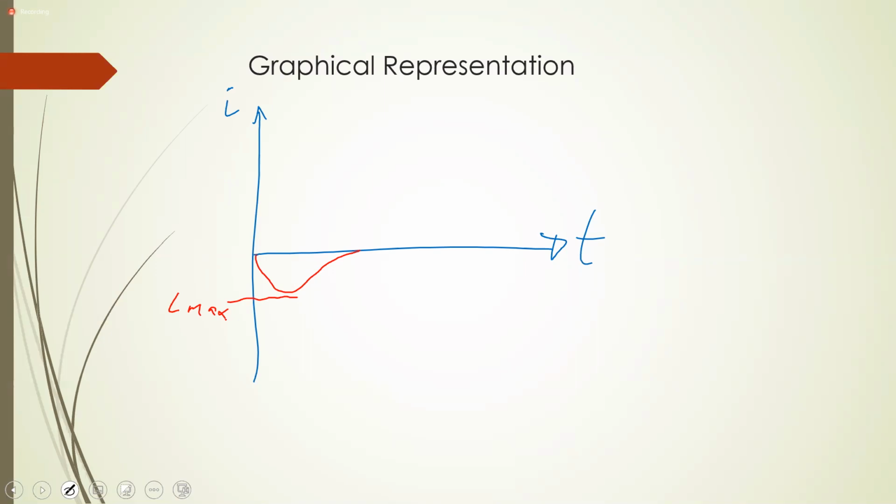Now, let us consider a couple of things before we try and explain this whole damping thing. If I had an inductor and a capacitor, now let us say that inductor had absolutely no resistance. We know that's not true, but let's just make that assumption.